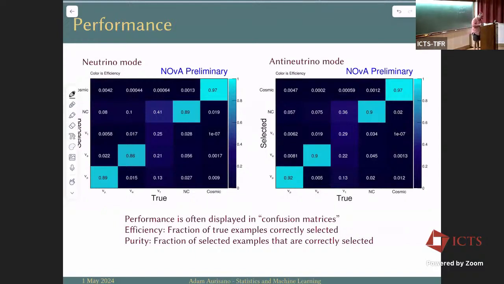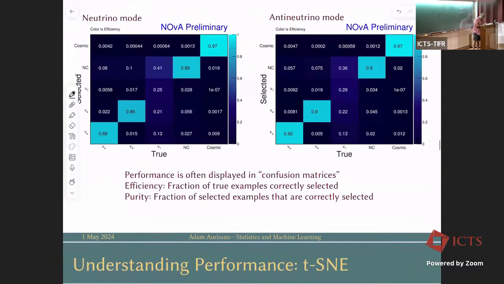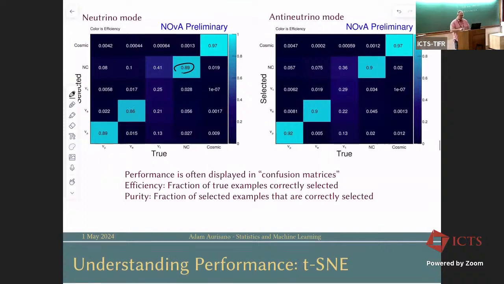So the idea here is if you select a neutral current event, then 89% of true neutral current events are selected as neutral current events, right? In this algorithm.